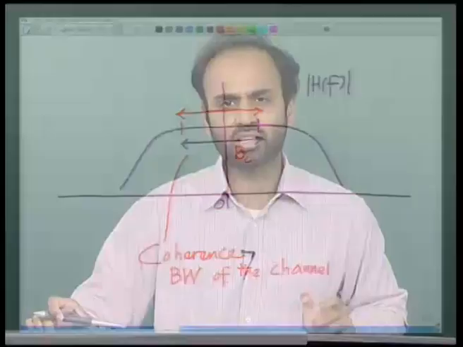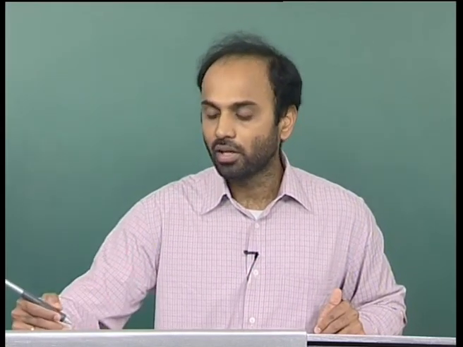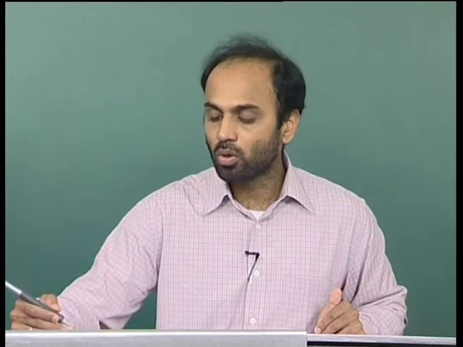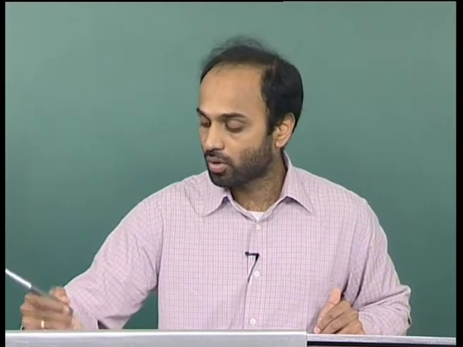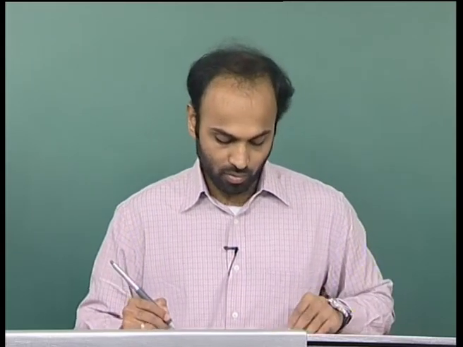You might also have seen low pass characteristics like this earlier, and you might have characterized this as things like the 3 dB bandwidth, null to null bandwidth, and so on, which is essentially that region over which it allows signals to pass. In this case we are being a bit more restrictive. We are saying it is not only 3 dB, but it has to be approximately flat, and this bandwidth over which the response of the channel is flat is known as the coherence bandwidth of the channel. This is an important idea in wireless communication.